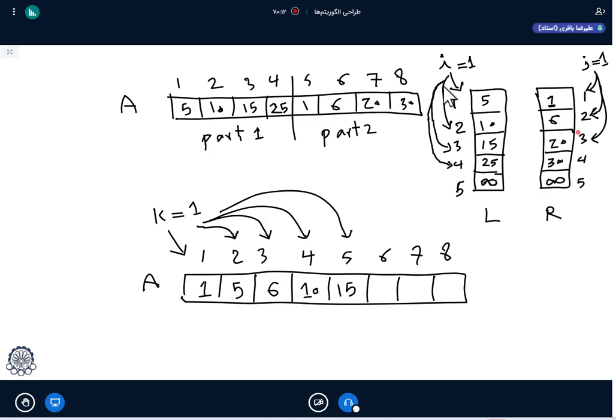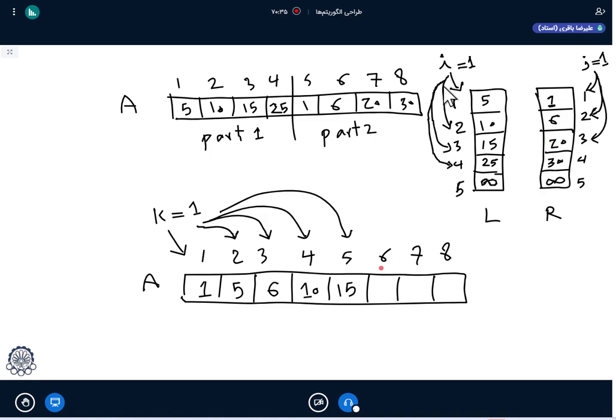Then we compare the room of L whose index is I and the room of R whose index is J. Here we compare 25 and 20. Any of them which is minimum is copied.